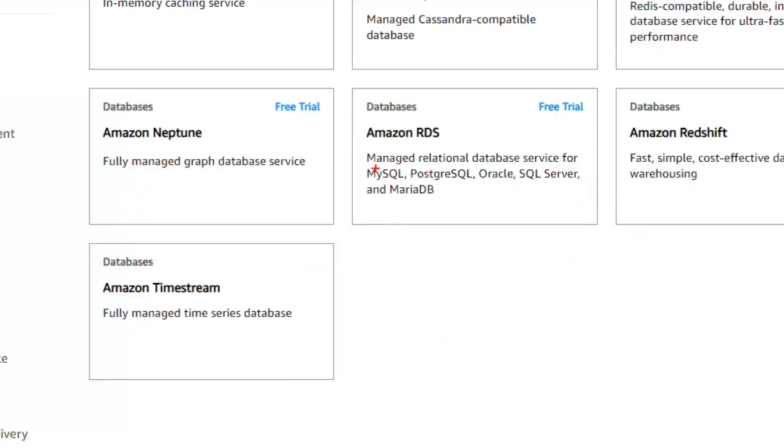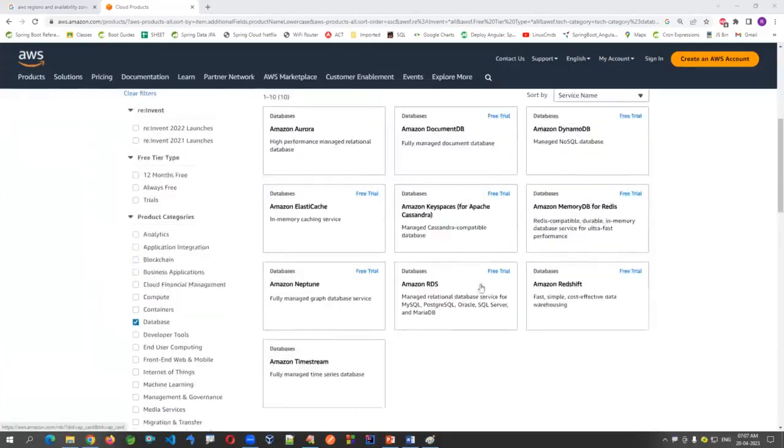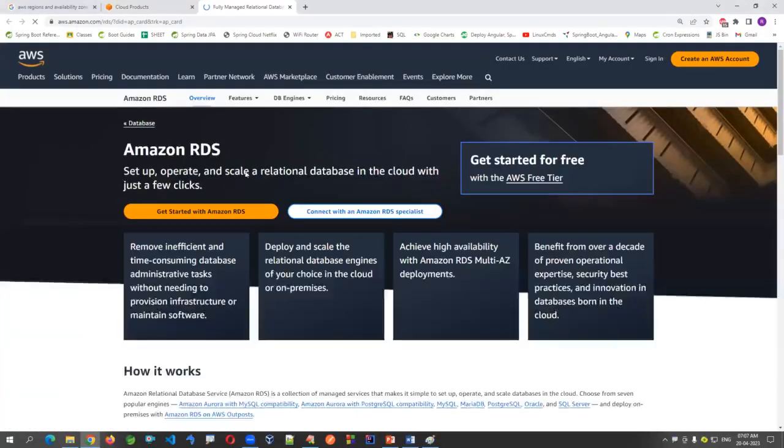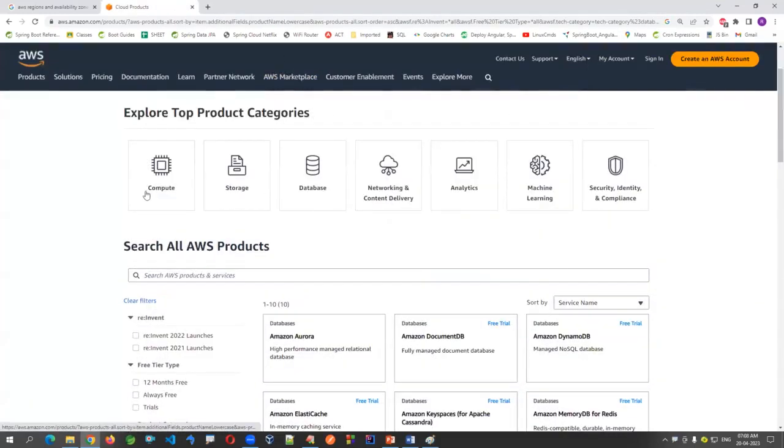If you want to create a MySQL instance, or something like an Oracle server, you can use Amazon RDS, Relational Database Service. If you have a free tier account, you can use it too. I'll show what it is and how to create it.